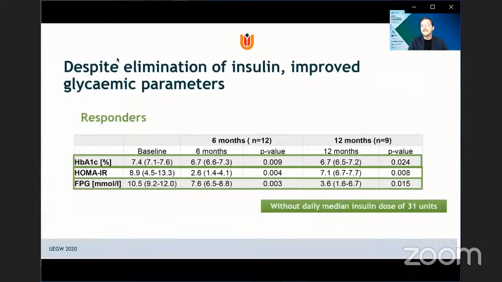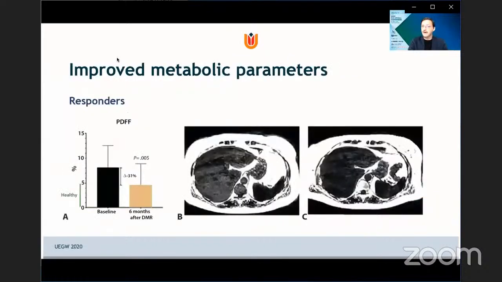Not only that, the patients that we could control with DMR and GLP-1 analog have much improved glycemic parameters, as you can see here, in HbA1c, HOMA-IR, and fasting glucose at 6 months and 12 months, and without the insulin. Also, in these studies, the liver was evaluated, and again, more dark, less fat.